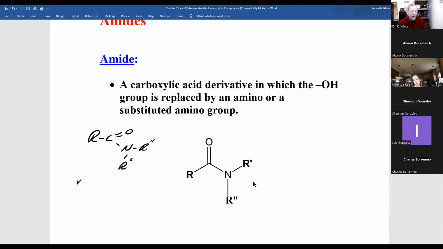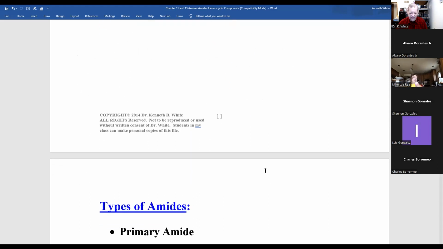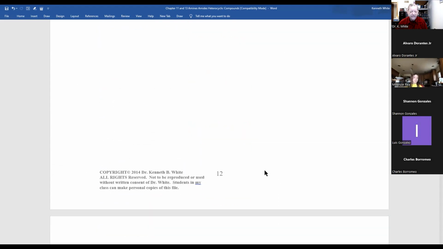Now, remember, for the amides, R prime and R double prime can, one, both, or none be a hydrogen atom. And that gives you different types of amides, primary, secondary, and tertiary, which you don't have to know. I mentioned these types briefly.